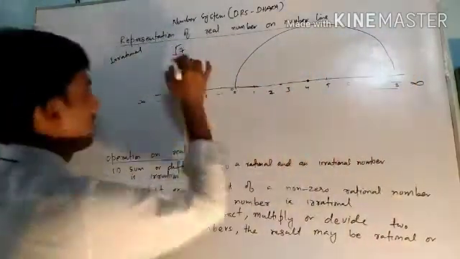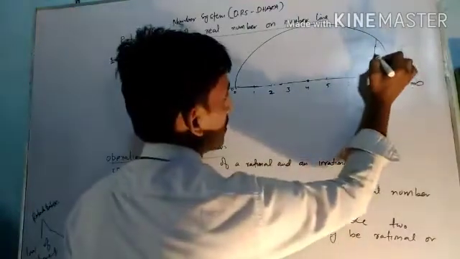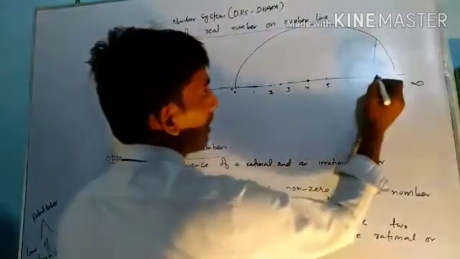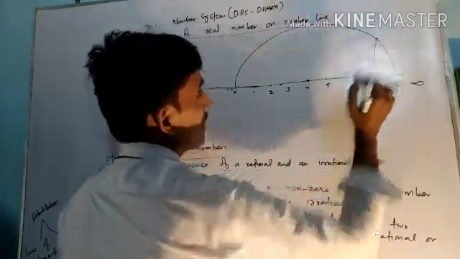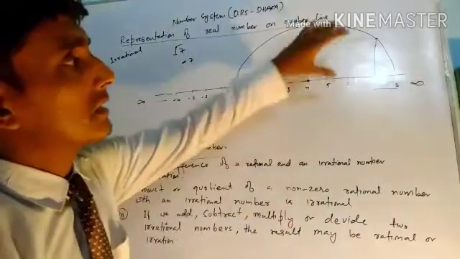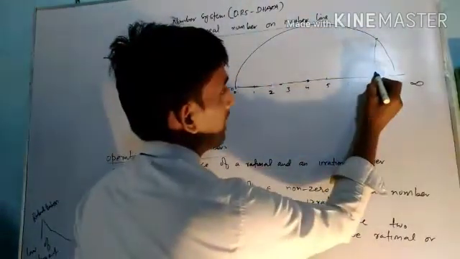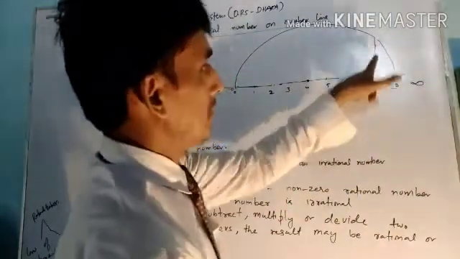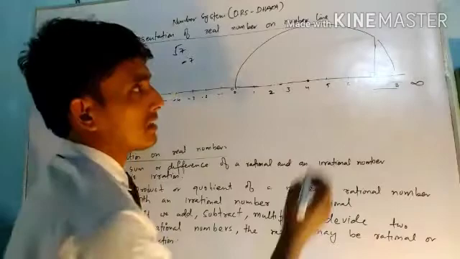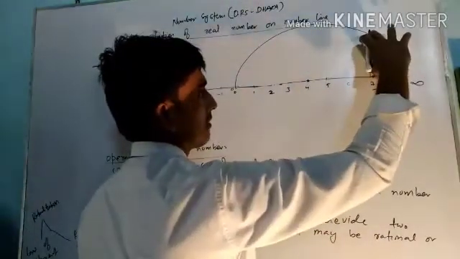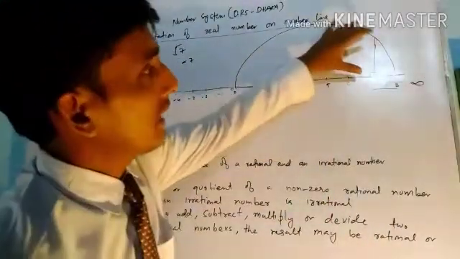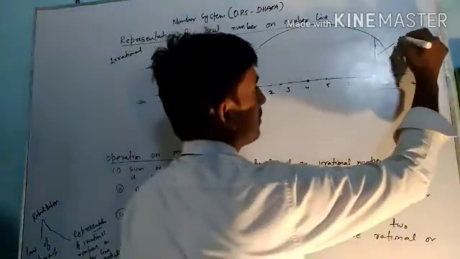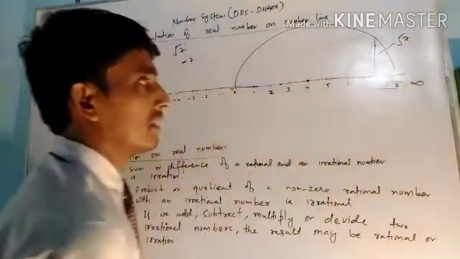Now draw a perpendicular on the point 7. This perpendicular line will cut the semicircle somewhere. Now measure the length of this perpendicular line, and the length of this perpendicular line will give you the value of root under 7.